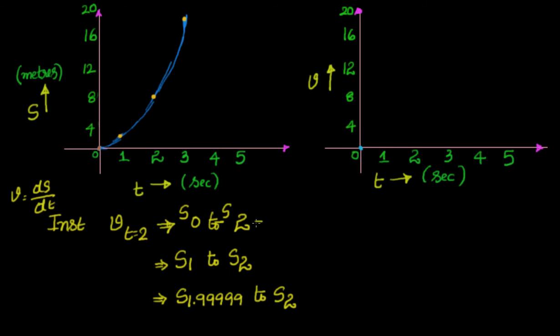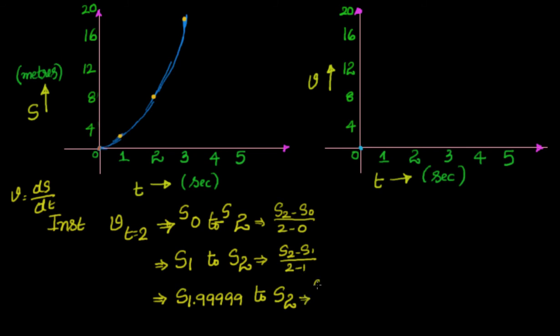So we are saying here this is nothing but equal to v at t equal to 2 is s2 minus s0 by 2 minus 0. Here it is s2 minus s1 by 2 minus 1.